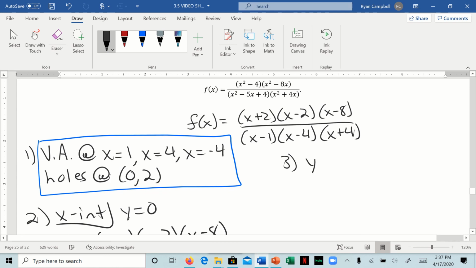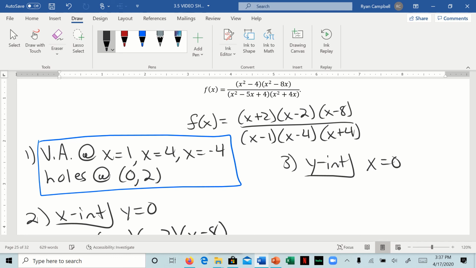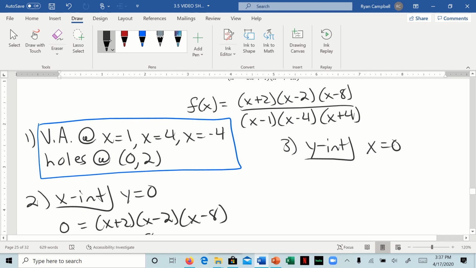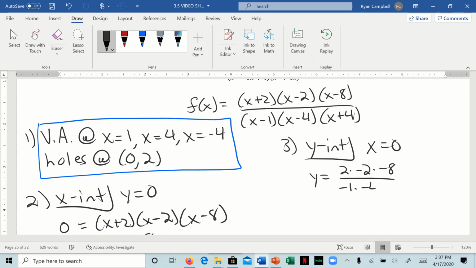Number 3, we got to find our y-intercepts. So y-intercepts are when x equals 0. So we get 2 times -2 times -8 over -1 times -4 times +4. So the 2 and -2 cancels out with the -4. Negatives cancel, so we are left with 2.